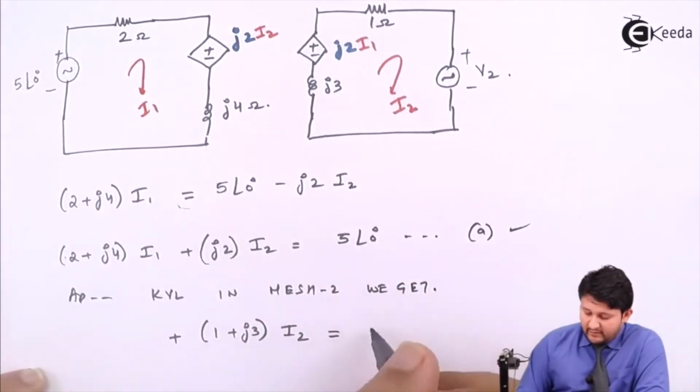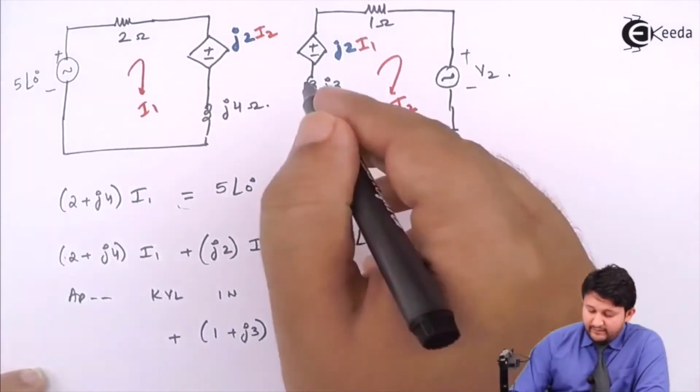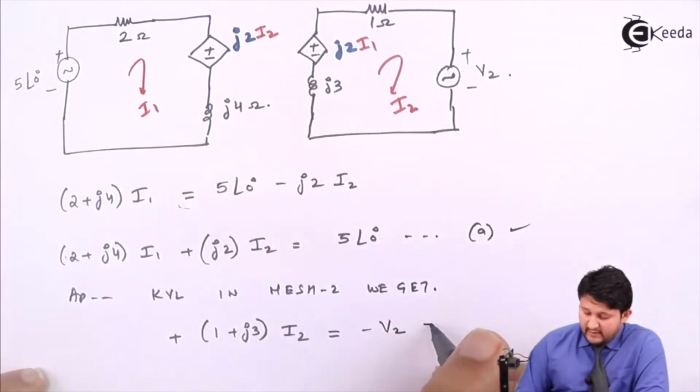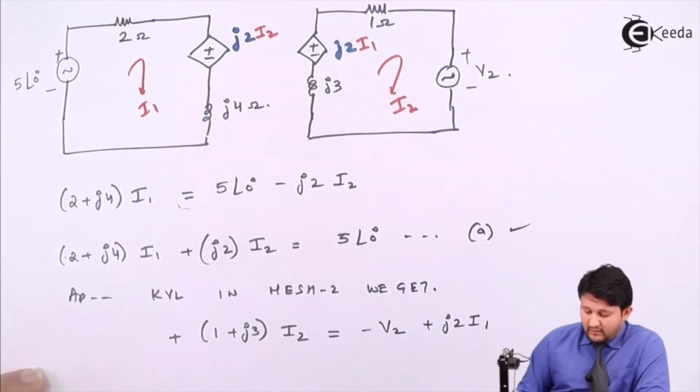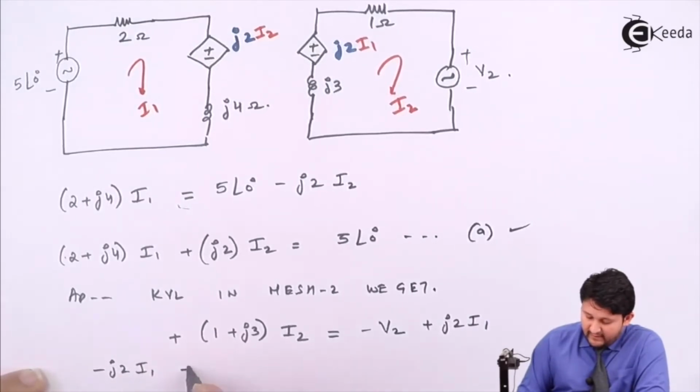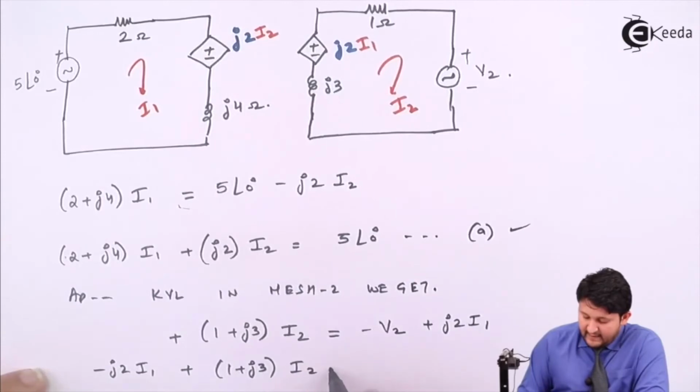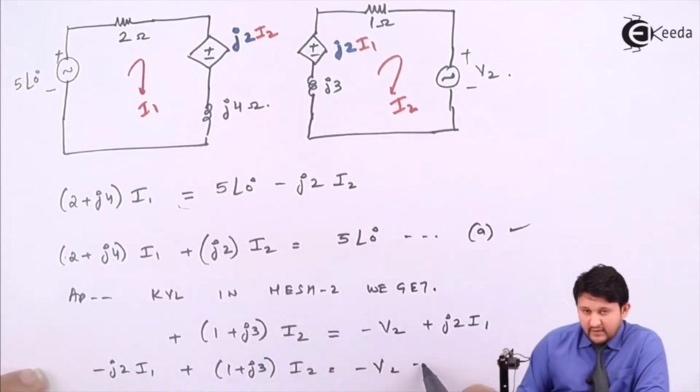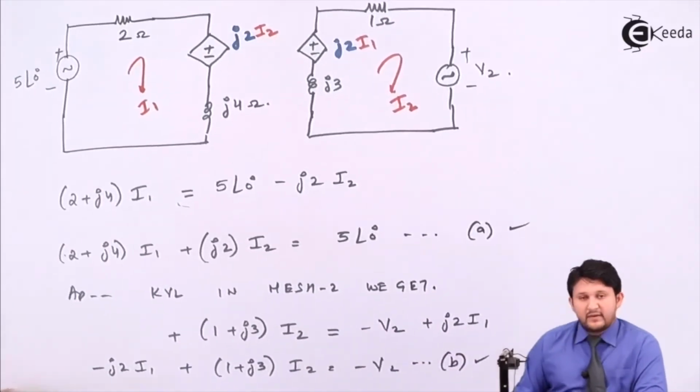No. Write equal to minus V2. This will be plus j2 I1. All the variables on this side, so it will be minus j2 I1 plus (1 plus j3) I2 equal to minus V2. This will be equation number 2.